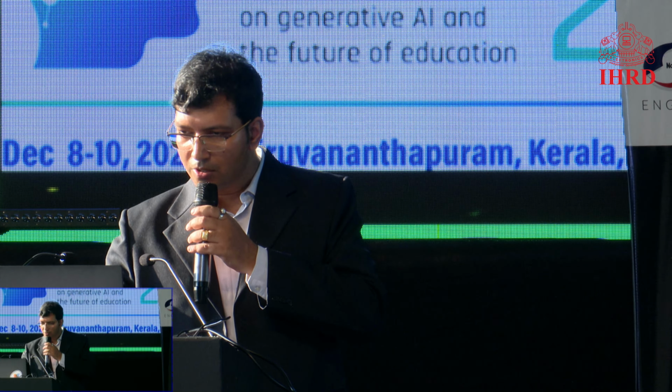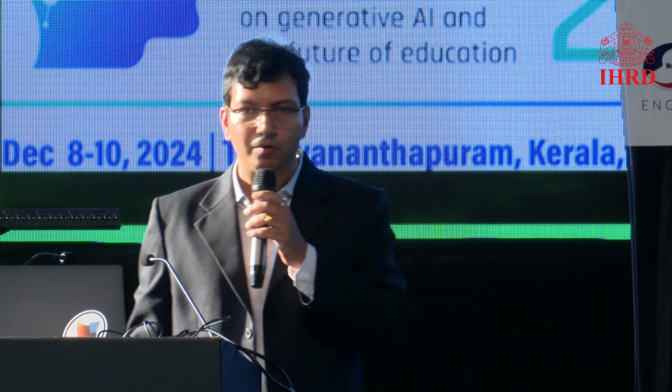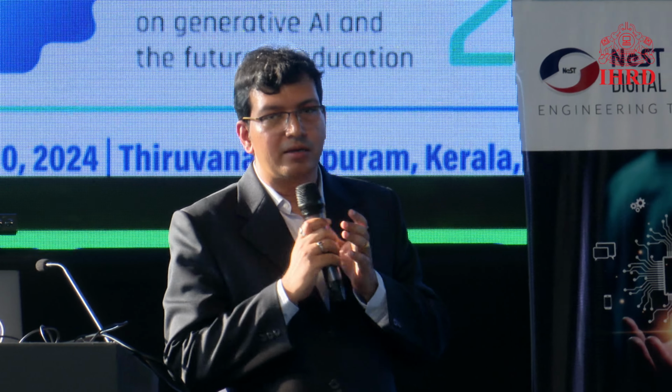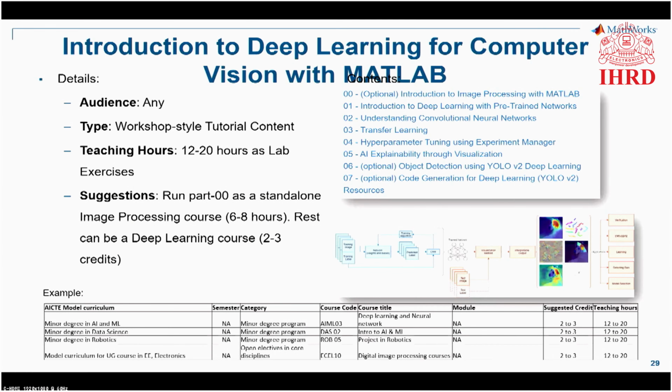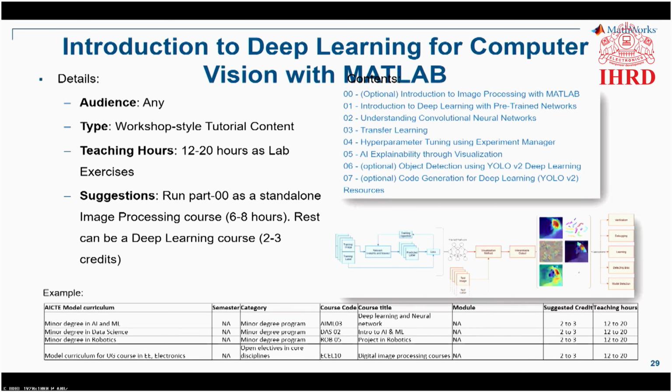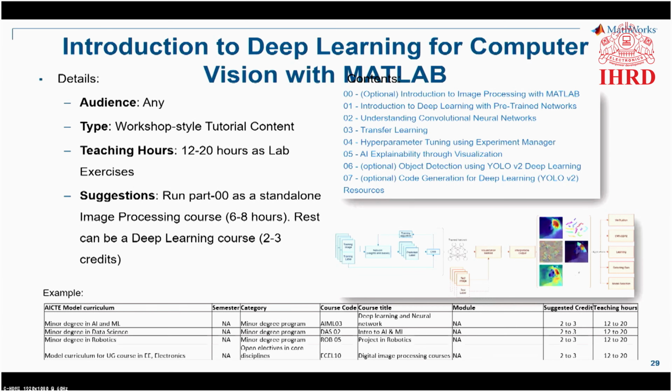Those are courses where you can get started teaching the students the basics of AI. Once the students are comfortable and have run a few things, we can take them to advanced courses. We also have something known as a modular curriculum, with overall 12 to 20 hours of lab exercises.